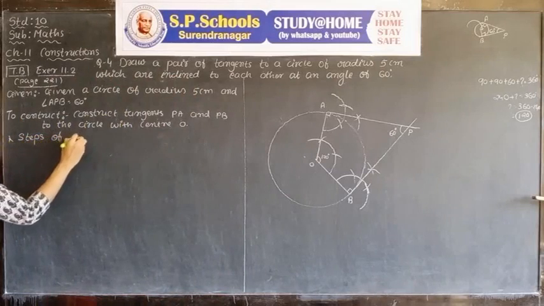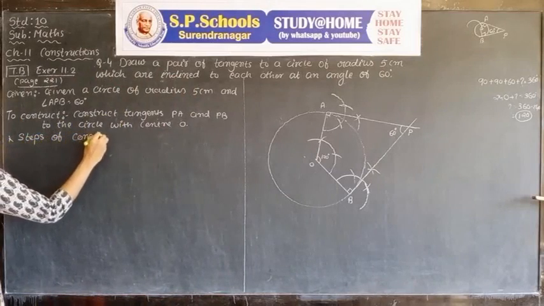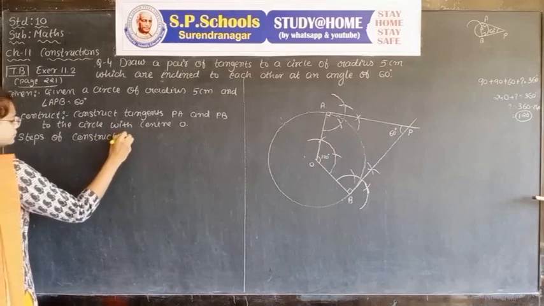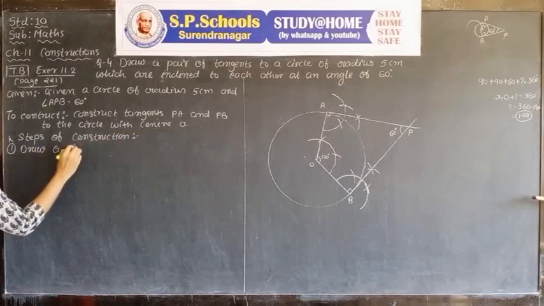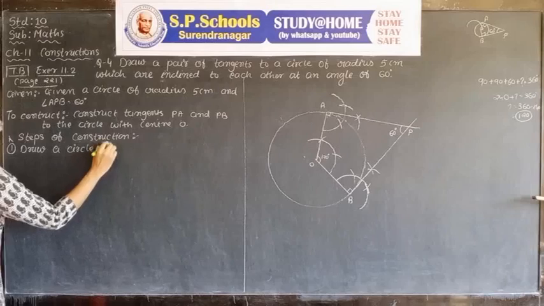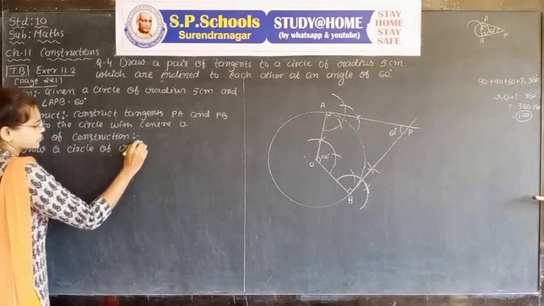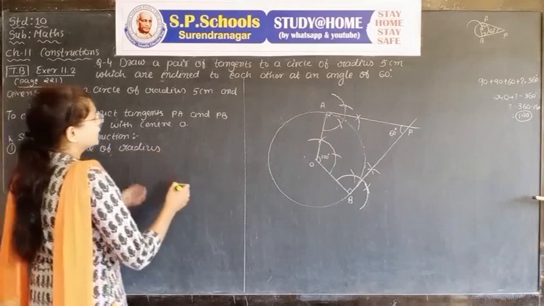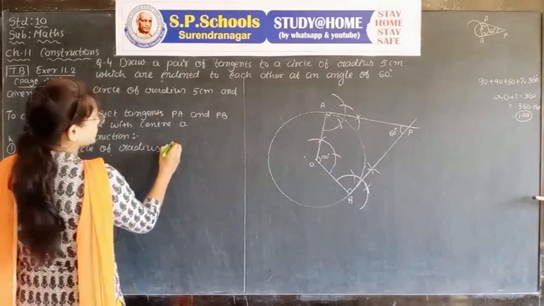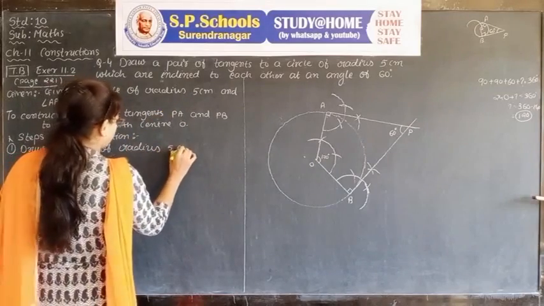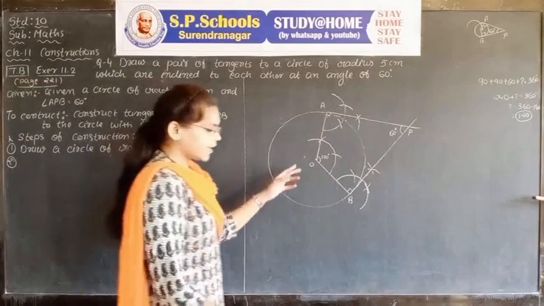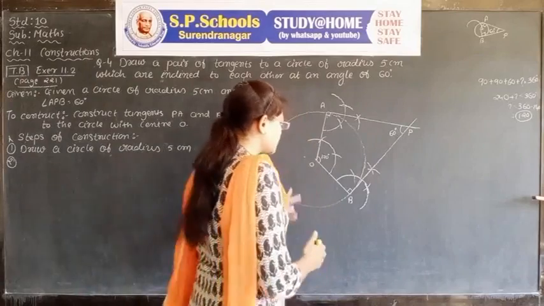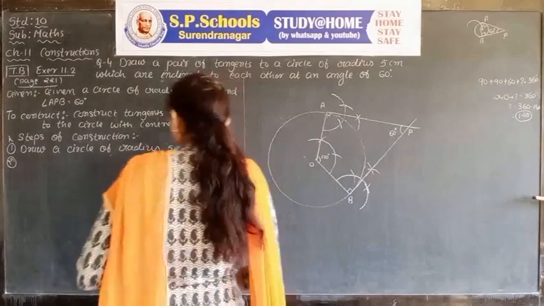Steps of construction. The first step is to draw a circle of radius 5 cm, as the radius is given. Second is to construct the radii.